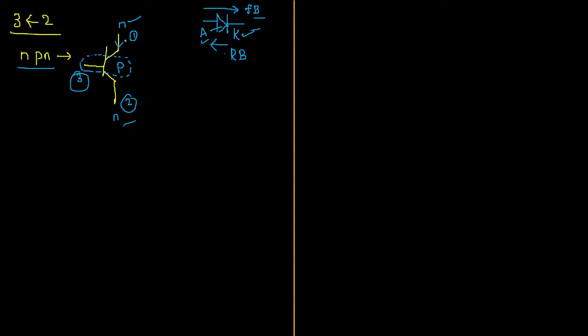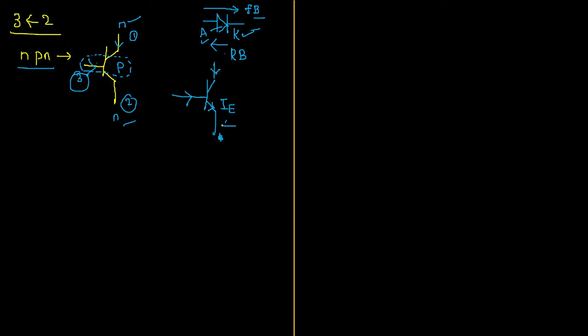In the case of the NPN transistor, we are injecting the current from the upper layer and the center layer. From this both layers, we are going to inject the current: from the base, and from the top layer also. So this current will come like this. Both will enter together and then they will go out of this transistor through one more layer, the bottom layer, layer number 3.